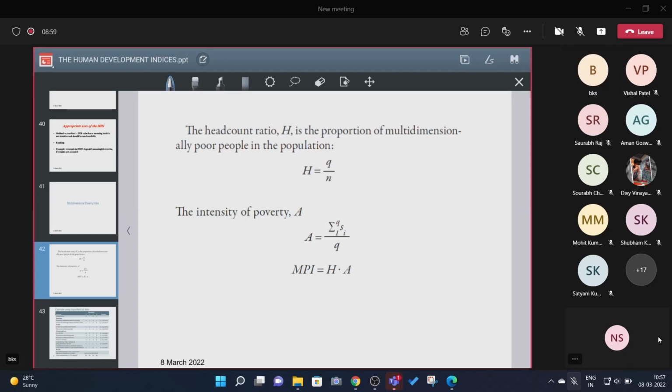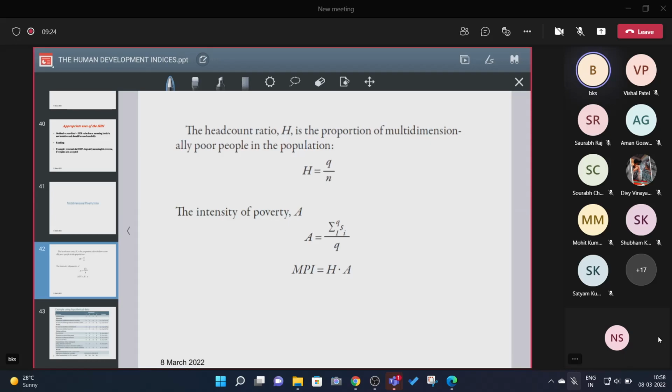So in case of multi-dimensional poverty, we need three things.